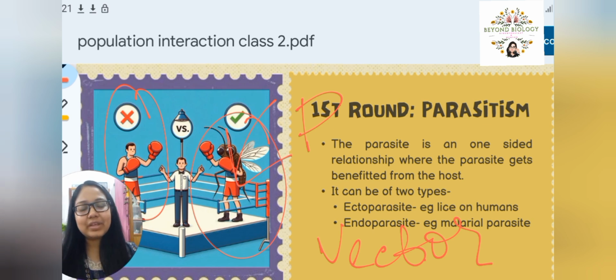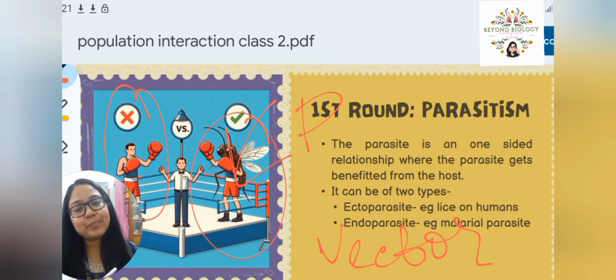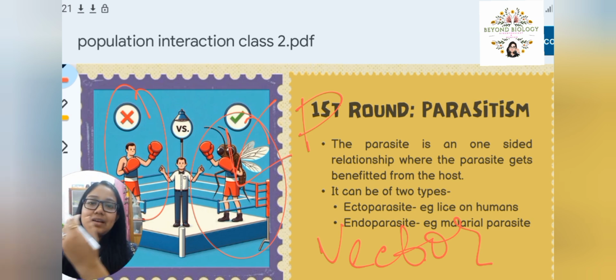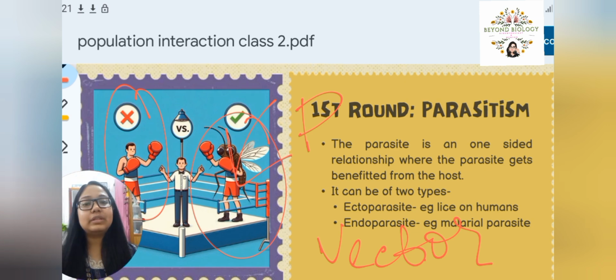It gets in, it completes a part of its life cycle within the mosquito, and the infected mosquito goes and bites the human, the host, and transfers the disease, thereby completing the second half of the life cycle of the malarial parasite. So the parasite is the winner here, and it is affecting the host, the human.